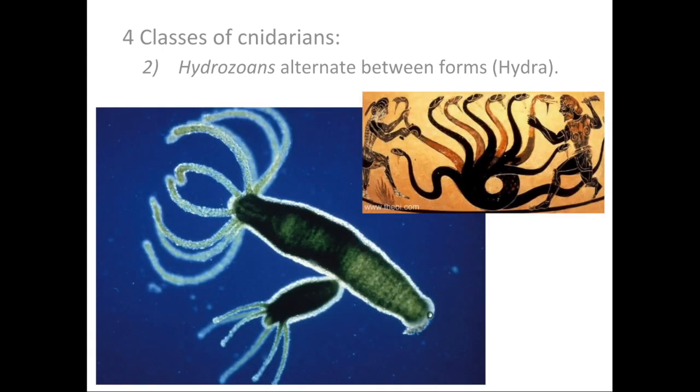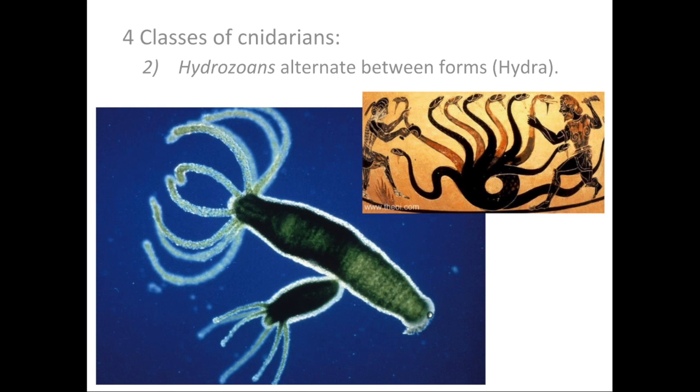They alternate between forms, the hydra. So here we've got hydra. If you collect pond water or stream water or even water from a pot that you are growing water plants in, many times you can find these.